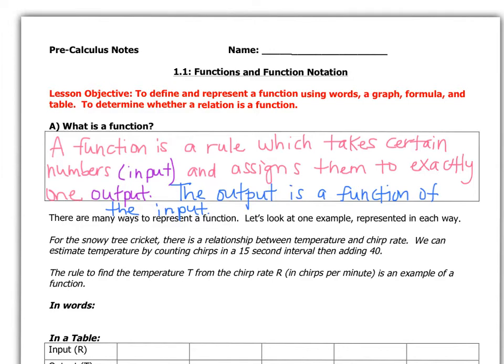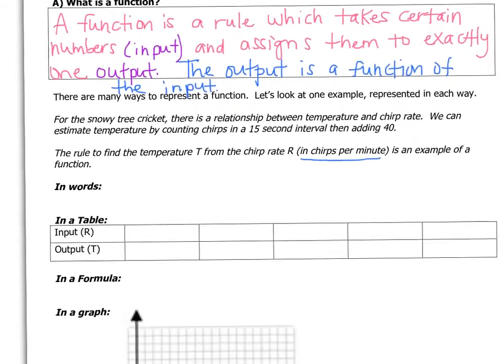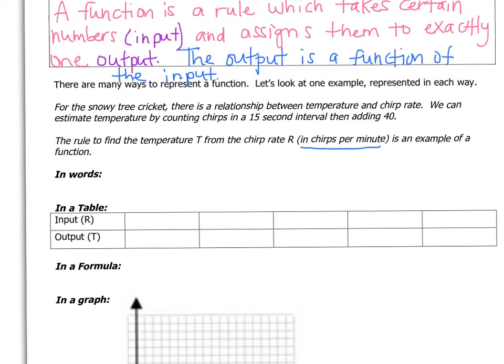Okay? It says the rule to find the temperature T from the chirp rate R. Now this is important. That chirp rate R is in chirps per minute. We'll have to keep that in mind. Again, this is an example of a function. So if we want to write this function first in words, it'll look similar to what we have been given.